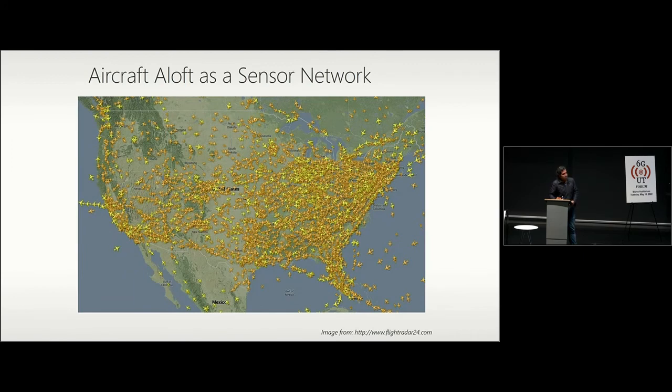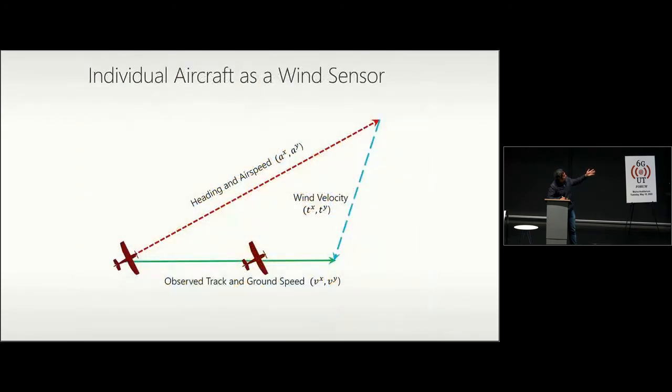So the first thing is you can imagine, if I want to have wind information, if you do simple vector algebra where you know where the airplane is heading and you know what the ground speed is, you can basically do simple high school vector algebra and figure out what the wind velocity is. Unfortunately, this network is designed such that we have incomplete information.